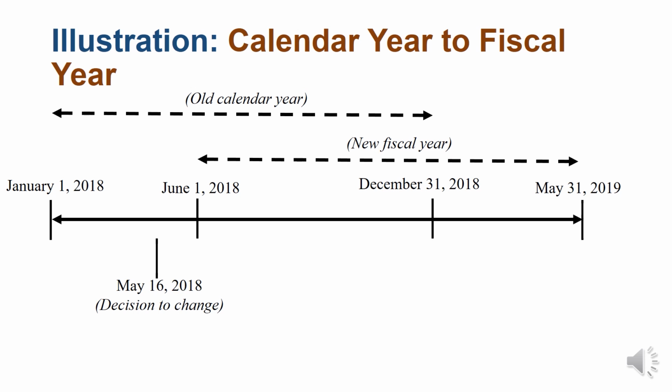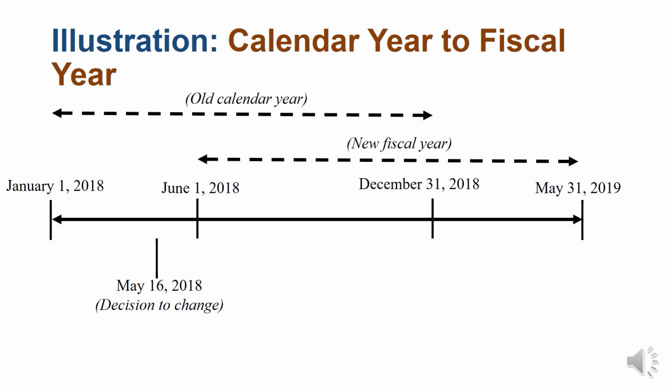Okay? So if ABC company will have to shift from the calendar year to fiscal year, therefore there is an income that is yet to be reported that cannot be part of the new fiscal year, right? The new fiscal year begins on June 1, 2018.